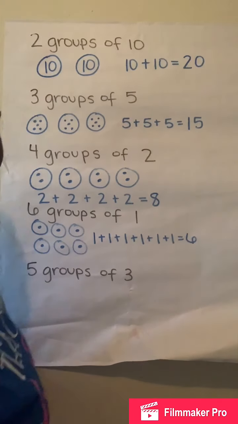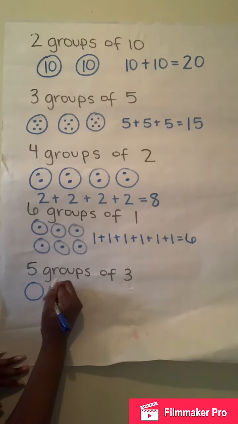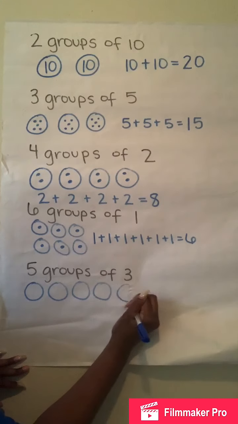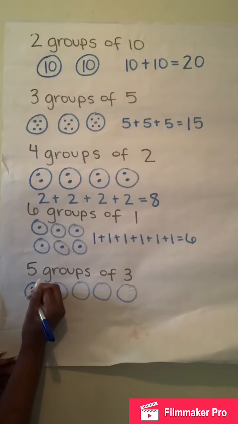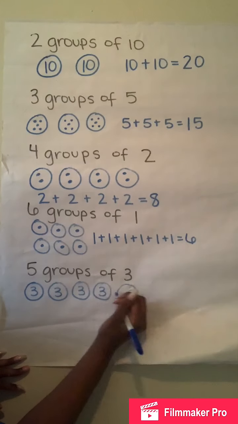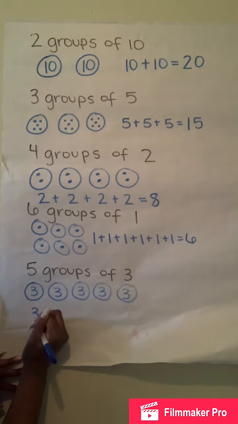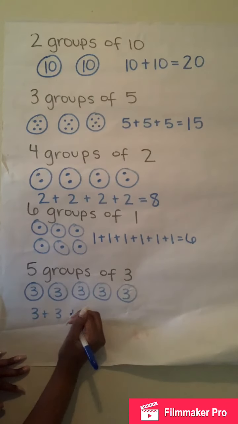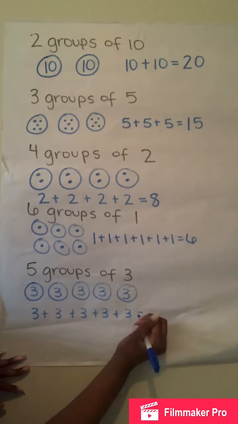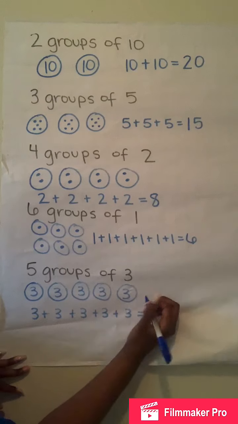And then I have 5 groups of 3, so I'm going to draw my 5 groups. I'm going to write 3 in each group. I'm going to write my equation. 3 plus 3 plus 3 plus 3 plus 3 equals 3, 6, 9, 12, 15.